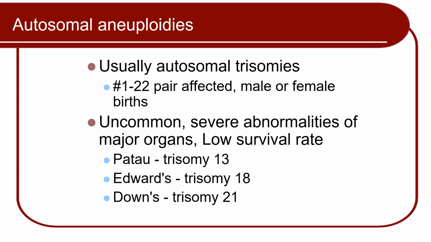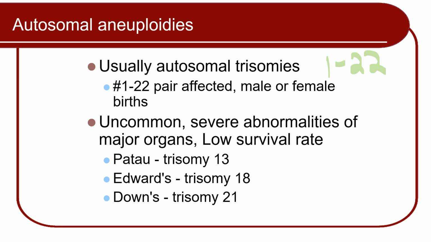So as I mentioned, we're going to talk now about known aneuploidies that occur in humans. And they can occur either in the sex chromosomes or in the autosomes. So the autosomes, again, are chromosomes 1 to 22. So males and females have the same autosomes because it's only the sex chromosomes that are different between males and females.